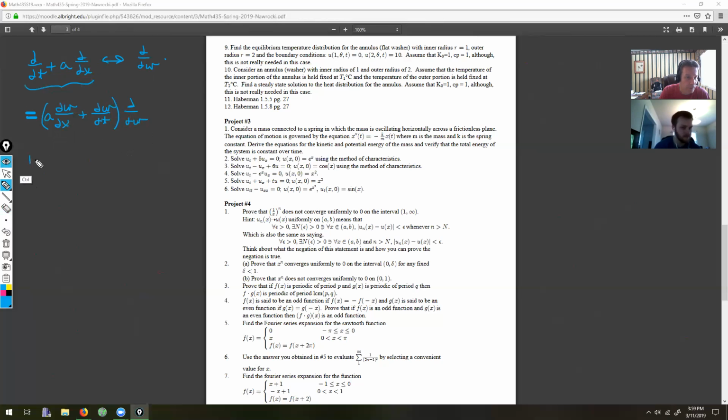And then plus, and those come from these transformation equations, that we have partial with respect to x being like that, and partial with respect to t.